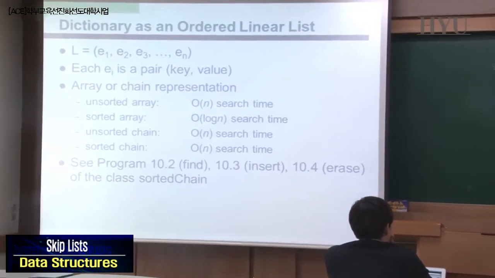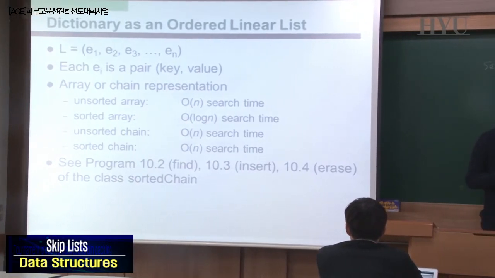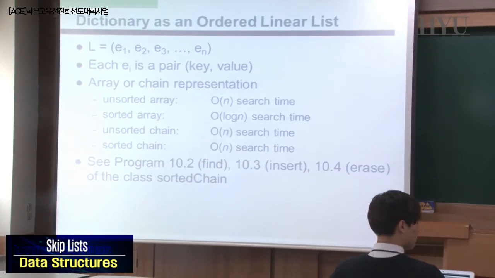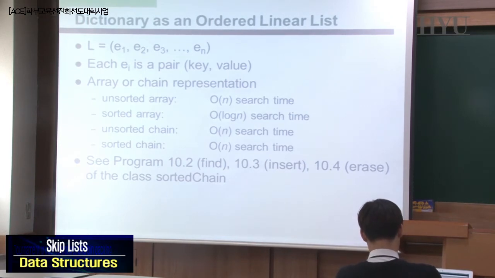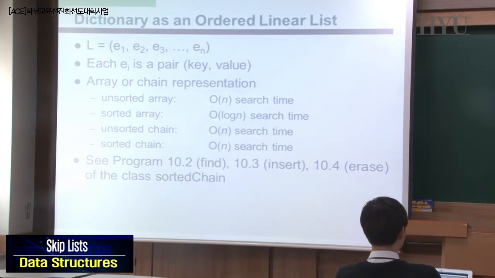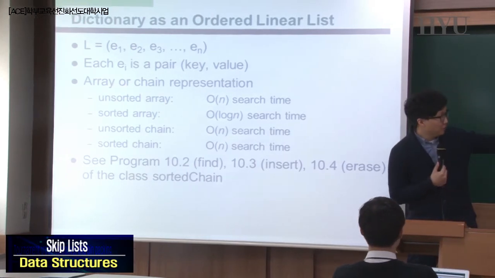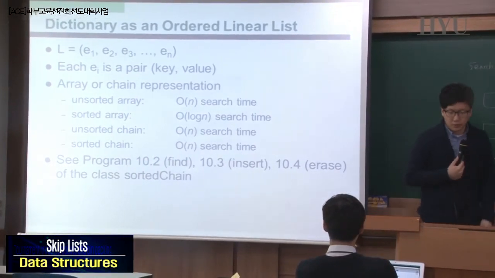In the case of a chain, sorting doesn't really matter. The worst case, we have to look at every one of the n elements. If it's implemented on top of an array, you could try a binary search on it as well. That's why, in the second line, sorted array, you can try a binary search, which gives you order log n search time. It's pretty much straightforward. I'm just telling you that a dictionary can be implemented that way, as a chain or as an array. I don't need to go into that.